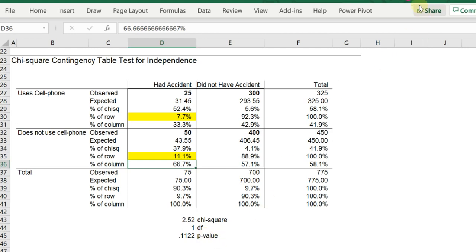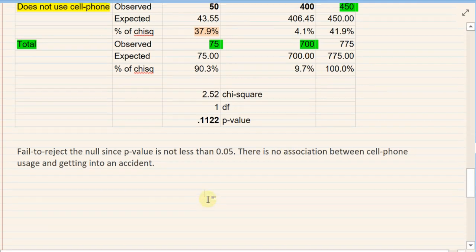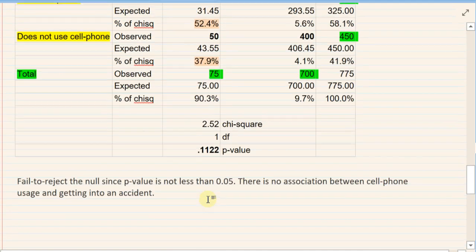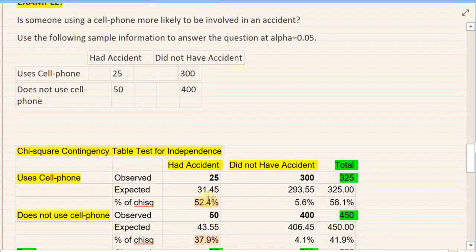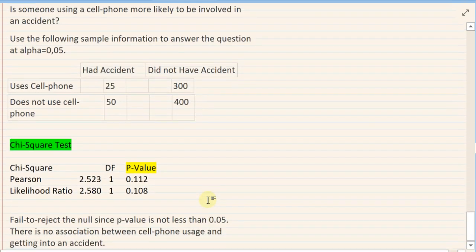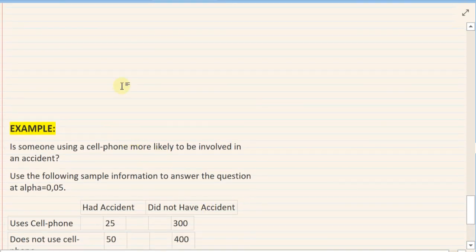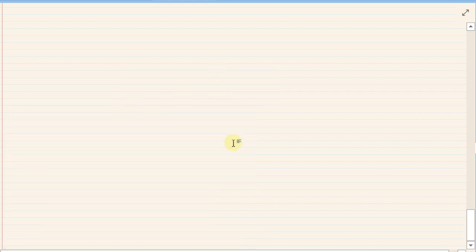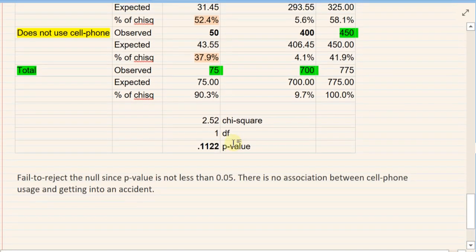Okay, so let me go back to my note. And there we go. So we covered the example of cell phone usage. Don't worry about this one, we just did this one. In fact, let me delete it, because I had duplicated it.